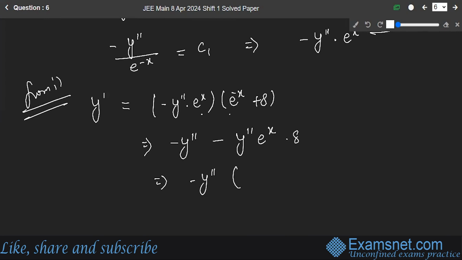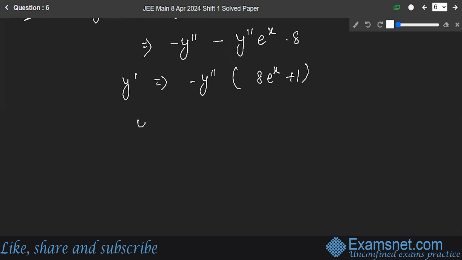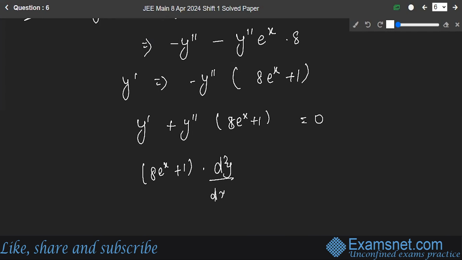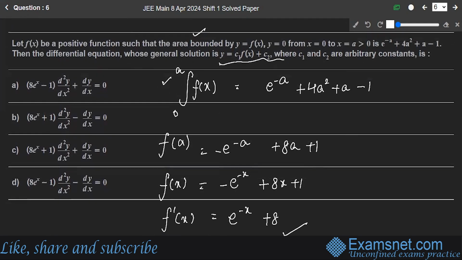So you will have y dash plus y double dash (8 minus e power x) equal to 0, or you can have it as (8 minus e power x) d square y upon dx square plus dy by dx is equal to 0. So now let's check with the options which one is the correct. I have this one. Right. Option C.